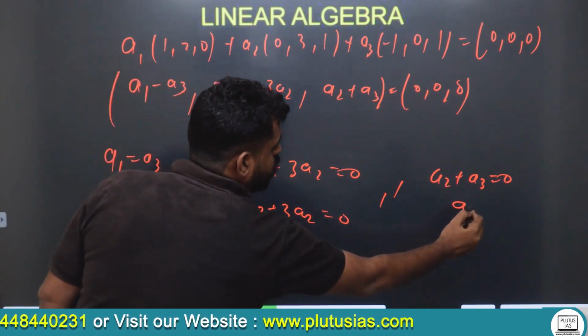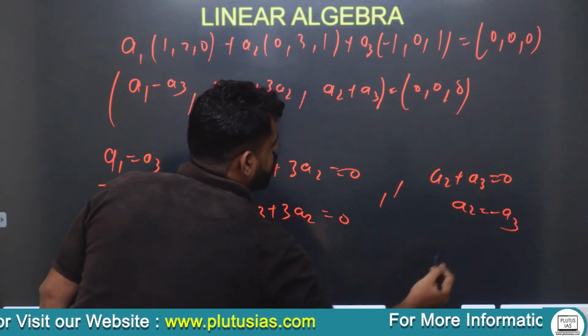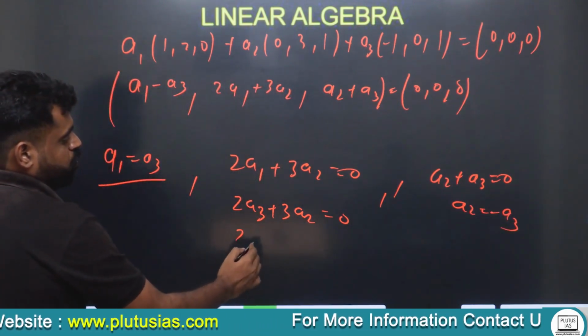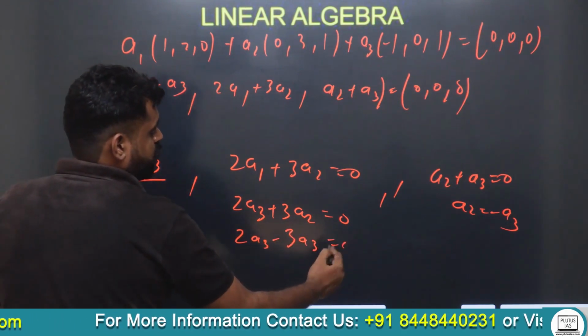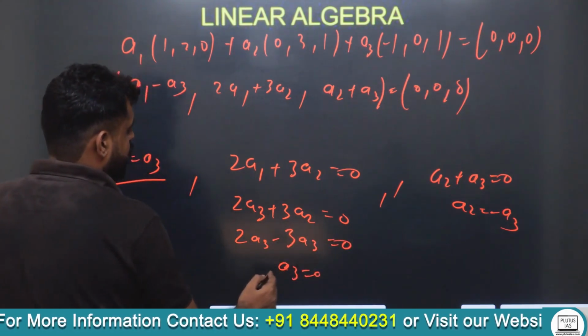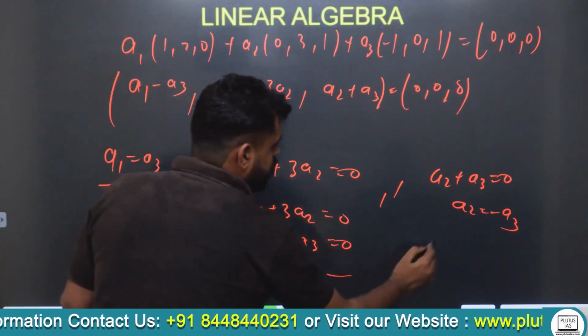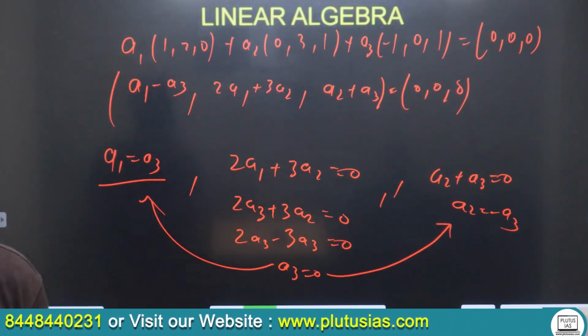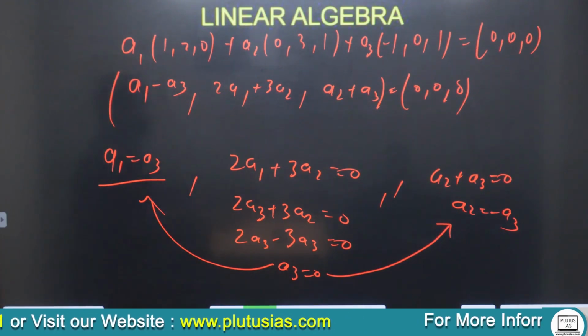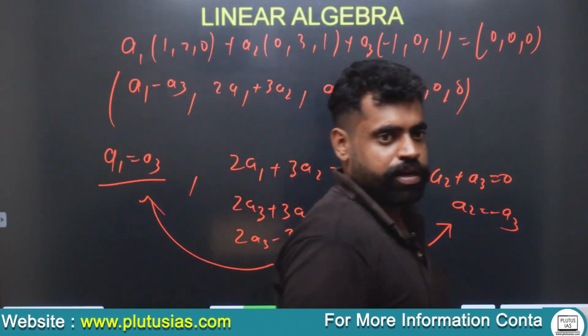From here we get A2 equal to minus A3. So 2A3 minus 3A3 equal to 0, we get A3 equal to 0, so A1 equals 0 and A2 equals 0. All are 0, so it is linearly independent. What about the third?